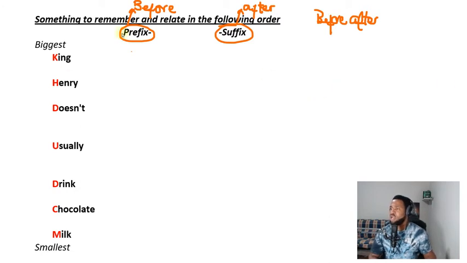So in here we have our prefixes that we're going to deal with first, and the first thing we're going to target is the first letter of each word. That is why it is highlighted in red. The red letter is what we're going to be focusing on. So the first letter in King is K, and K is represented as kilo.